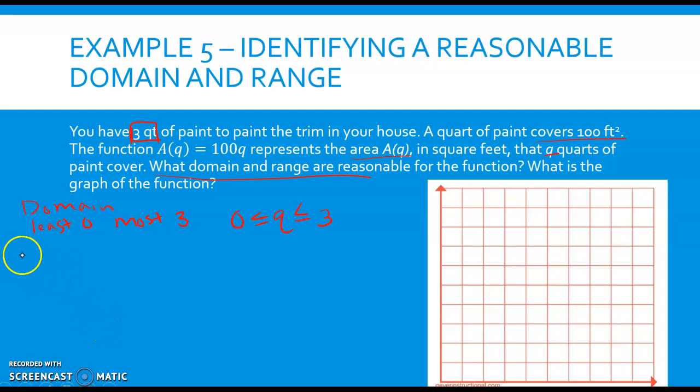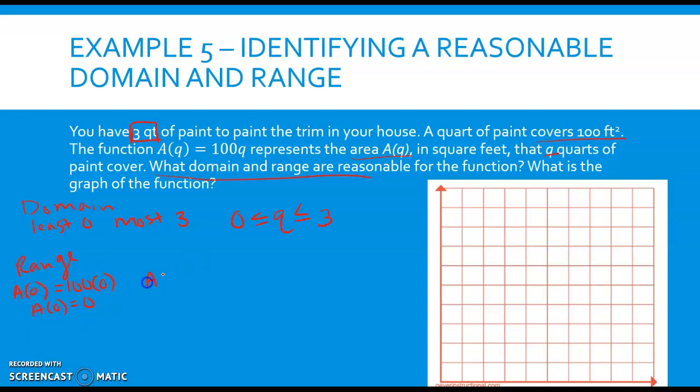All right, so now we're going to work on the range. The best way to do range is we're going to plug in these x values, because our range is our y value, which means it is dependent on our x values. And so I'm going to find A of 0 equals 100 times 0. So A of 0 is 0.